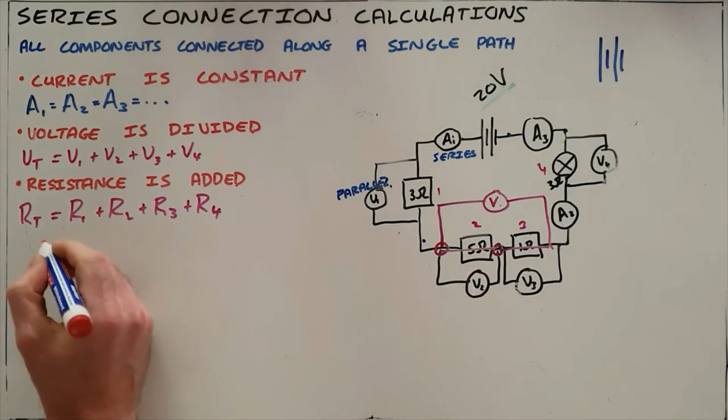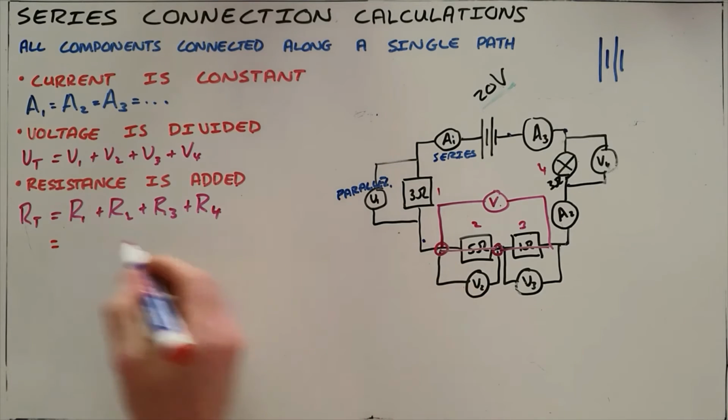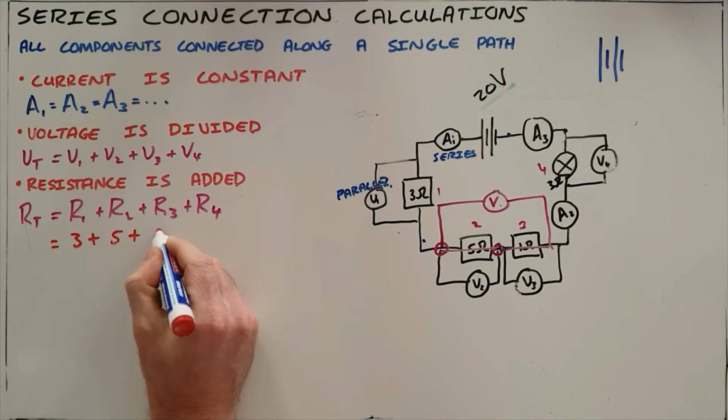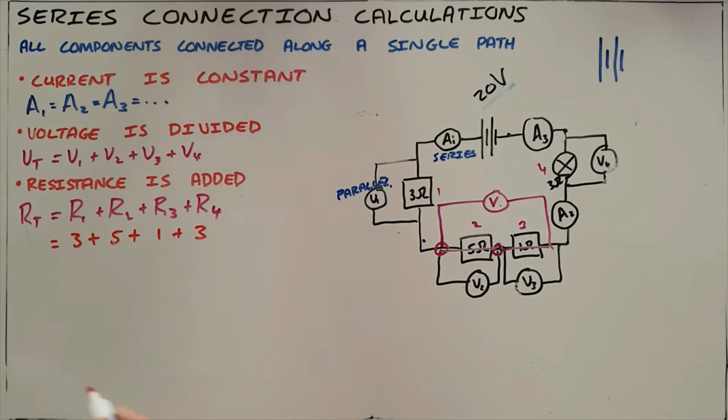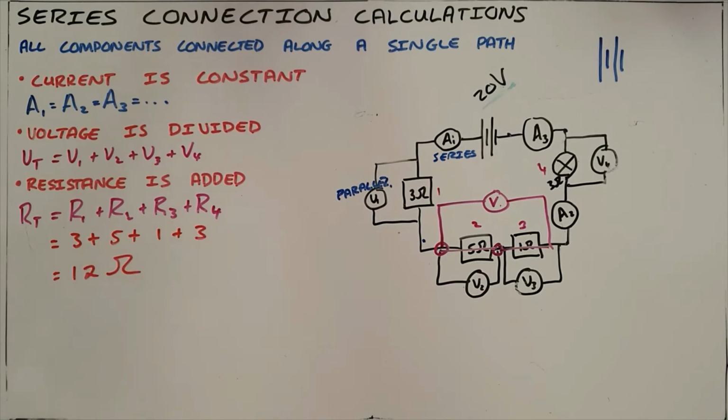We know that in a series circuit, the resistance is added, which means that the total resistance here is the sum of the 3 ohm, the 5 ohm, the 1 ohm, and the 3 ohm resistors, which means the total resistance in this circuit must be 12 ohms.